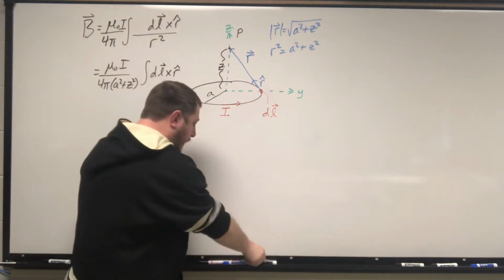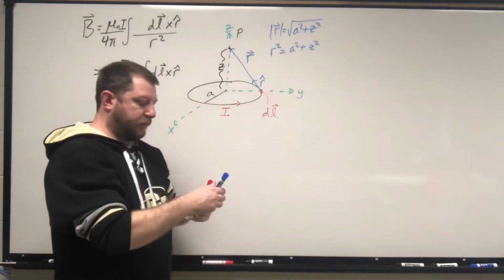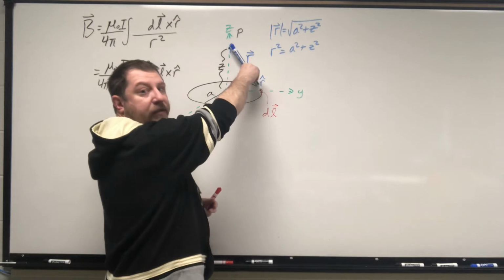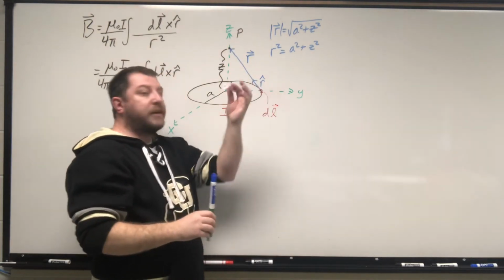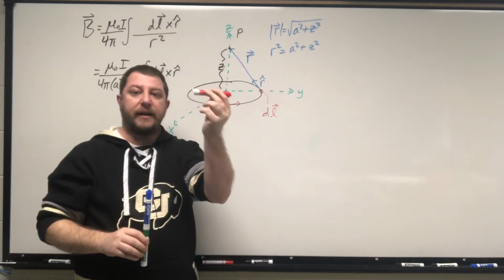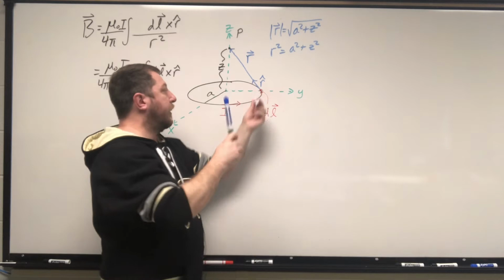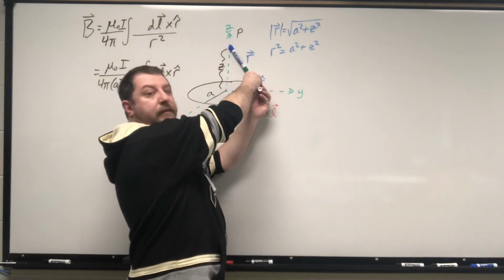Okay? And let me see if I can get creative here. That's almost exactly perfect length. I didn't mean to do that. That's really cool. So imagine that this marker represents my dl vector. Okay, so my dl vector is going into the board at this point. My r vector lies like this, right?